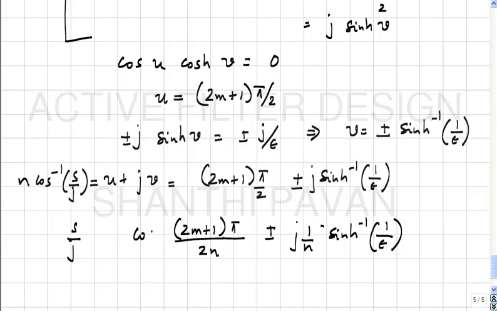Cosine of this, where what does the m stand for? M is an integer, and what is n? N is the order of the filter. Okay.